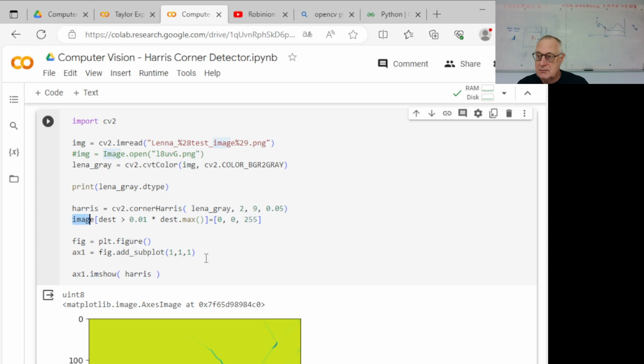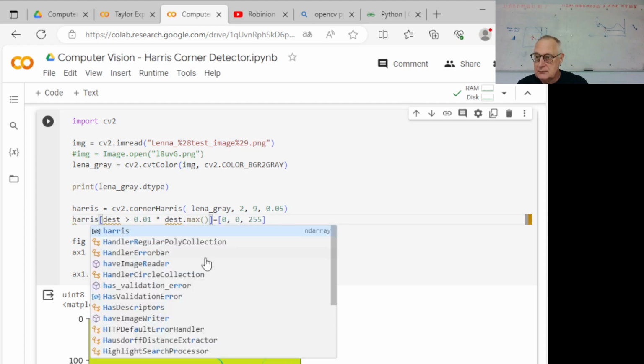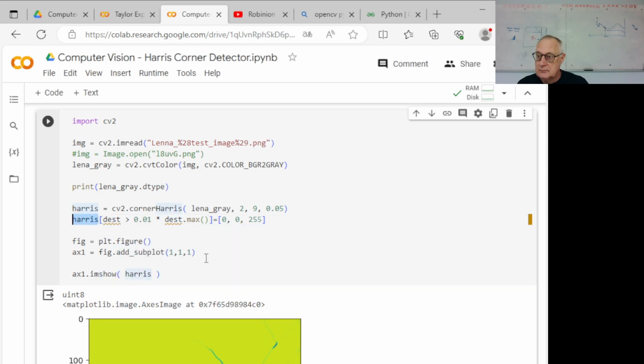Blue, okay, so we add blue points. Red ones, and that should be that.